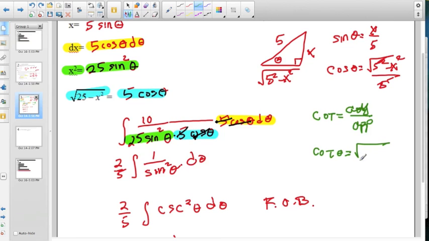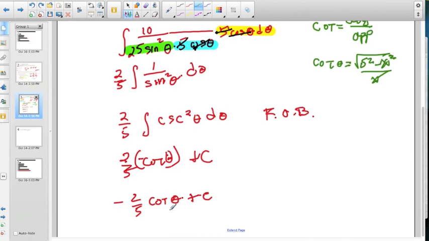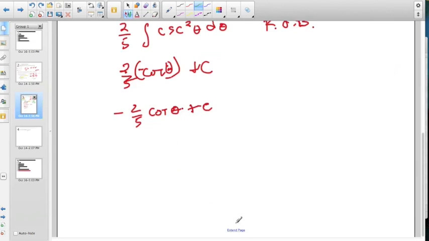So it's going to be the square root of 5 squared minus x squared over x. That's what we have to substitute back into this answer, so that we have our answer in terms of the variable we first integrated with respect to. So that is going to be the square root of 25 minus x squared, divided by x, plus c.